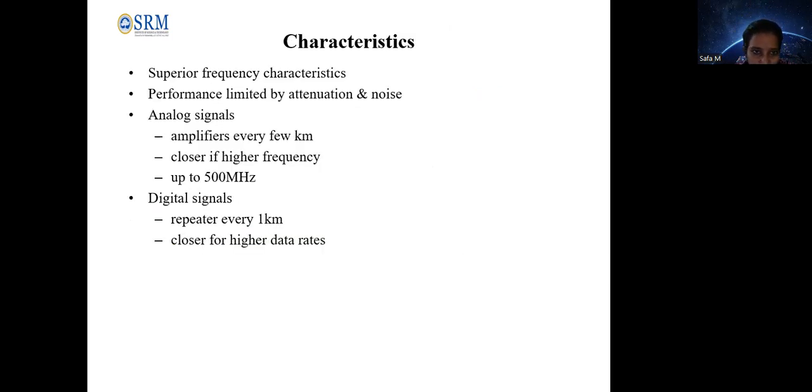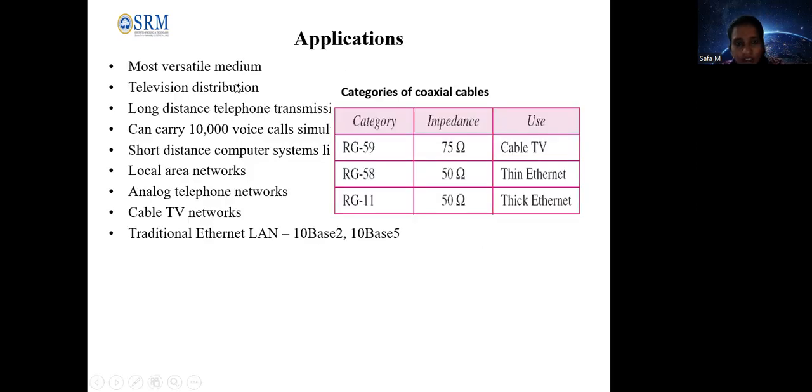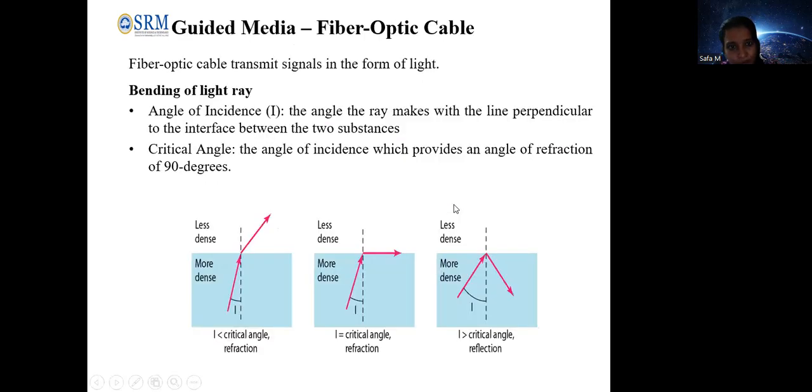The characteristic is that it amplifies every few kilometers, with higher frequency up to 500 megahertz, whereas for digital signals it repeats every 1 kilometer. Applications include television distribution, long distance telephone transmission, internet purposes, short distance computer local area networks, and cable TV, wherever we use coaxial cables.